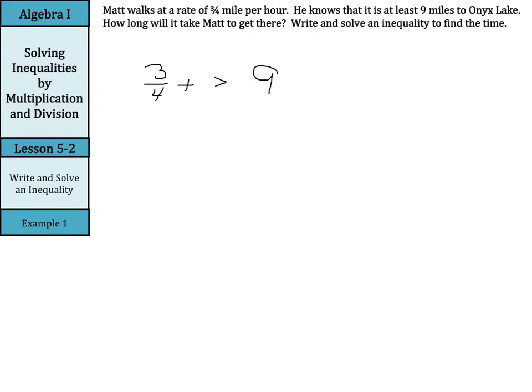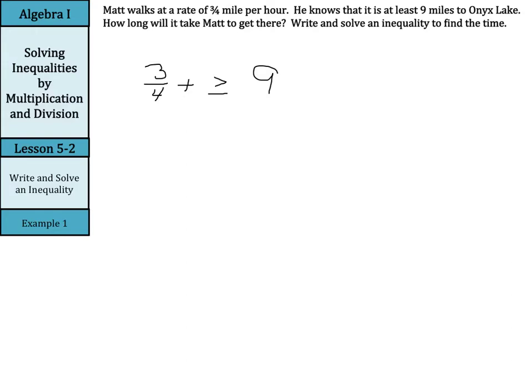Well, that's going to be greater than or equal to, because if it's at least 9 miles, it can be more or equal to. Basically, at least 9 would be 9, 9.5, 10 miles. But he's going 3/4 miles per hour. So it's 3/4 times the time is going to equal our distance.